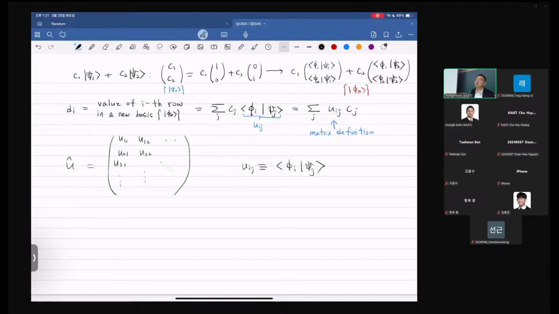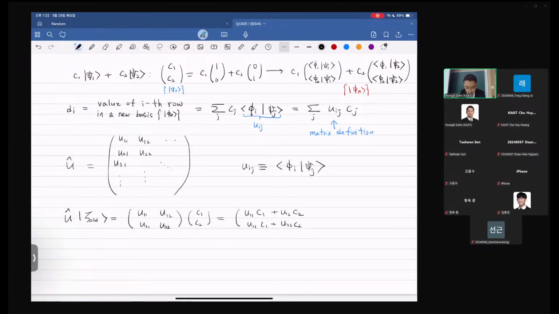Then you can just use that U to convert from C to D. So basically, you just need to multiply U to the old representation. To make things simple, let me stick with a 2 by 2 example. U11, U12, U21, U22 times C1, C2, right? U11 C1 plus U12 C2, U21 C1 plus U22 C2.